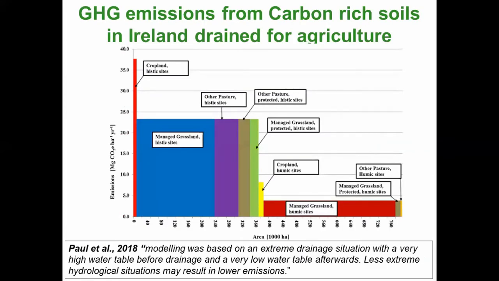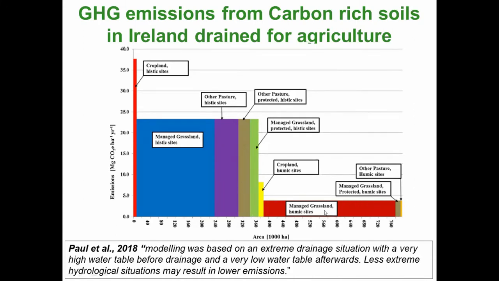Okay, so this then is another figure from a Paul et al. paper published in late 2018, looking at the total areas of the organic or the histic soils as they're described in this graphic, and the humic soils lower down on the right hand side here.